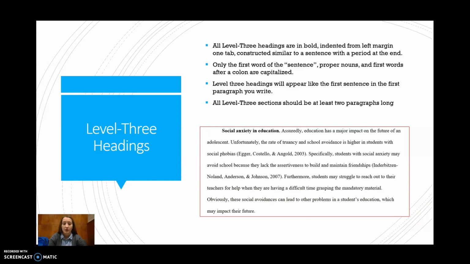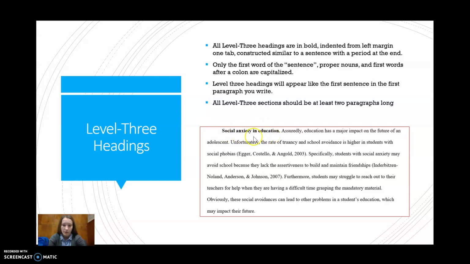Third are the level 3 headings. You don't have to use these, but you need to use at least level 2 headings. But a level 3 heading would go underneath a level 2 heading or after a level 2 heading. And level 3 headings are the most different compared to the other 2. They should be bolded, indented as if they're the beginning of the paragraph, and typed as if they're the first sentence.